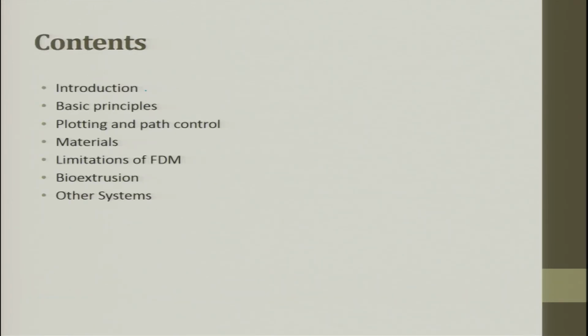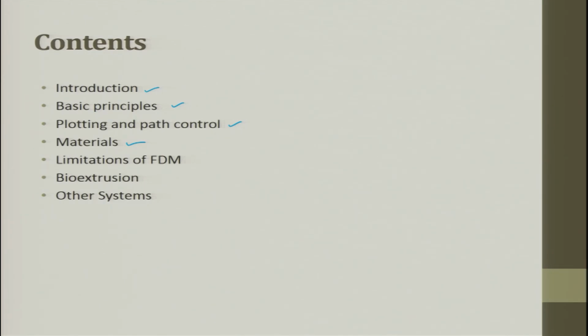In this chapter we will see introduction, basic principles, plotting and path control, and different types of materials, which is very important because the entire rapid prototyping process depends upon the basic starting material. And today when we talk about rapid manufacturing, we are talking about directly producing the prototype and using it in real time applications.